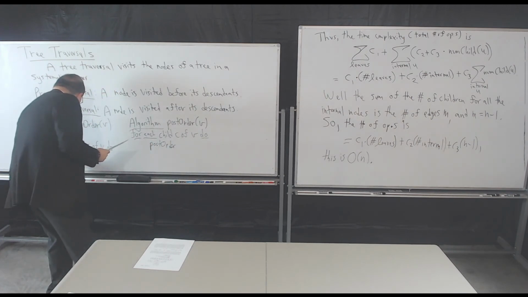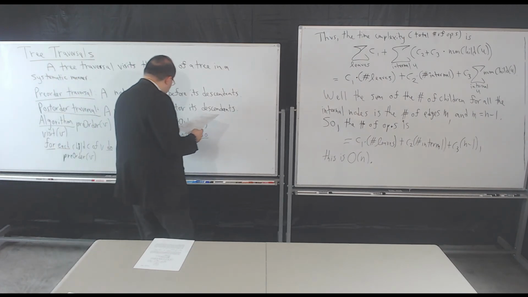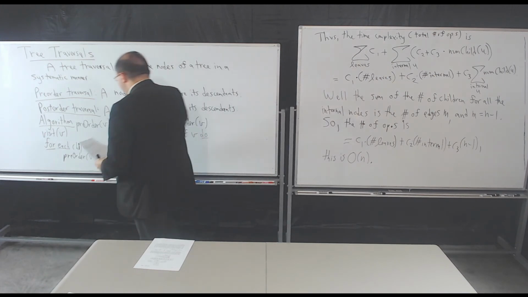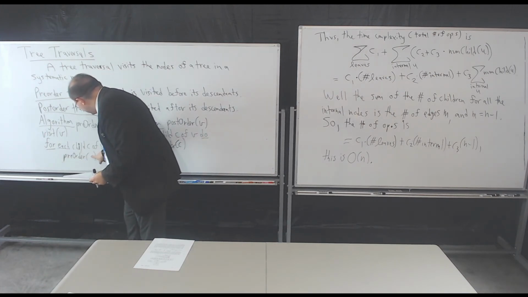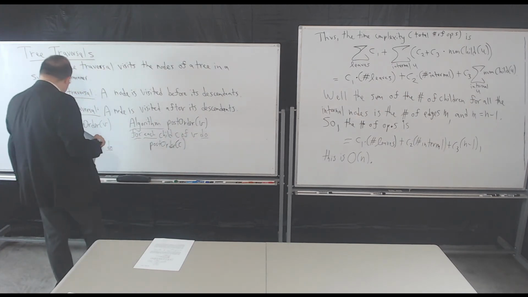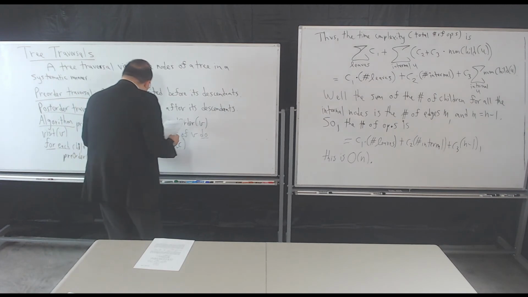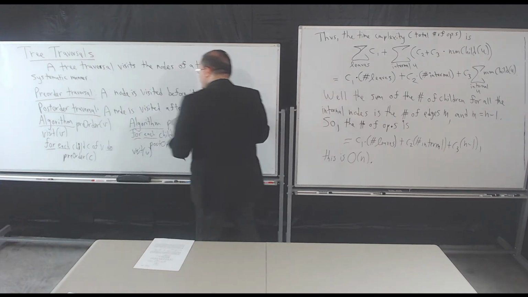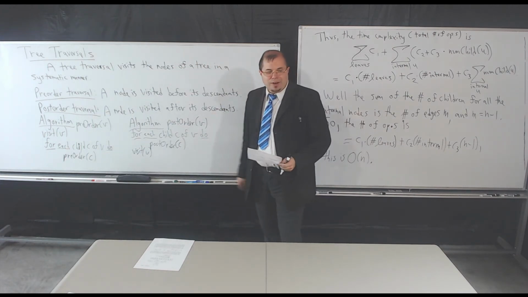Capitalize the order. Post-order of C. Remember, we want to apply it to the children, not the node itself again. And then after the loop, I just visit V. So pre and post, pretty straightforward, right?